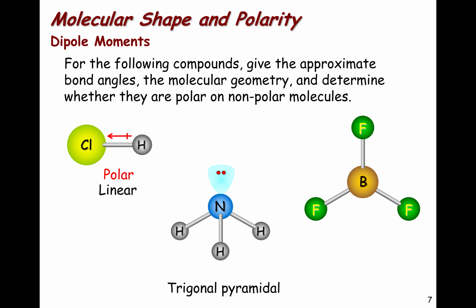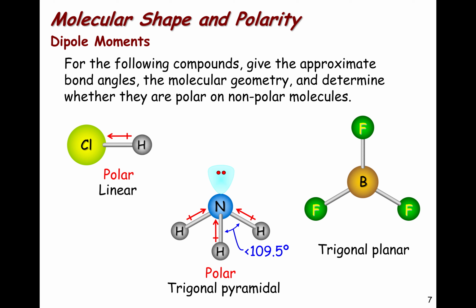The bonds are indeed polar in this case, and of course the bond angle is approximately 109.5 degrees. The bonds are polar, and there is a lone pair on the central atom, the nitrogen, so we would predict this to be a polar molecule, and indeed it is.